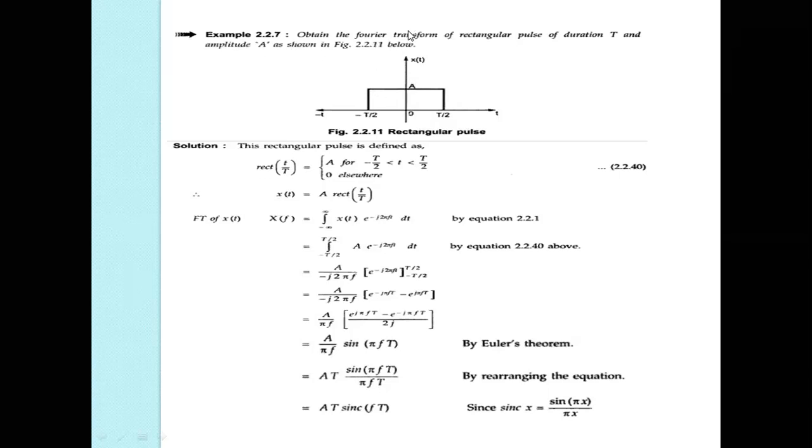But to find the Fourier transform of this rectangular pulse, what is given here? The rect of t by T, with the time period T. A is the magnitude in the range of minus T by 2 less than t less than T by 2.